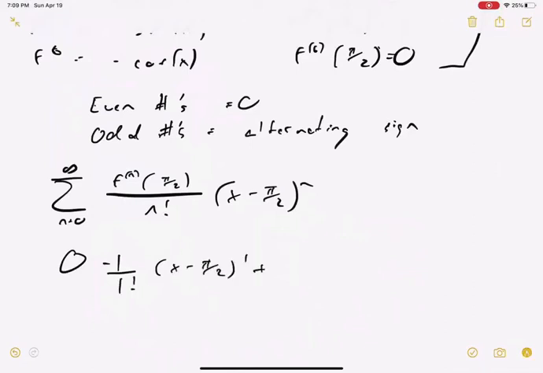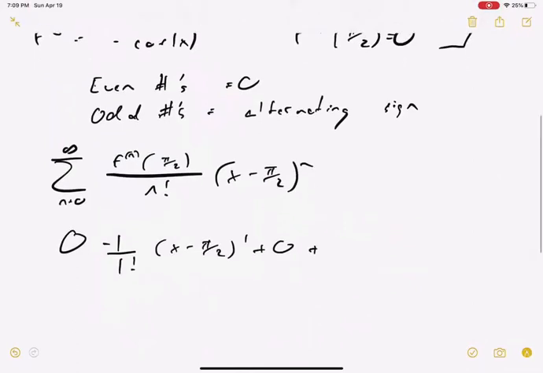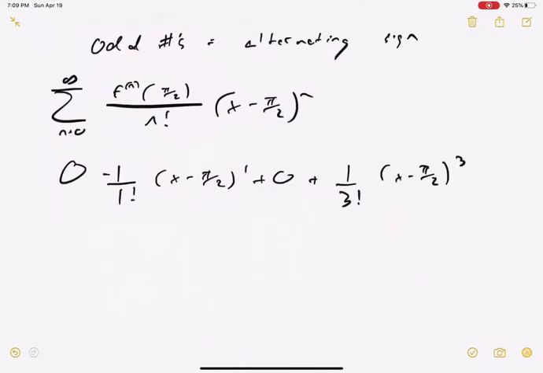Then I'd get 0. Then plus 1 over 3 factorial, (x minus pi over 2) to the power 3. Then plus 0. Then minus 1 over 5 factorial, (x minus pi over 2) to the power 5.